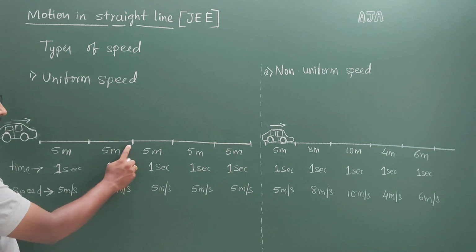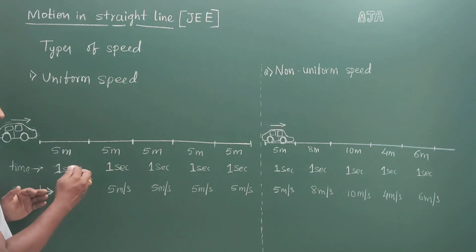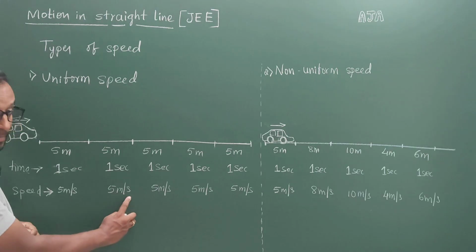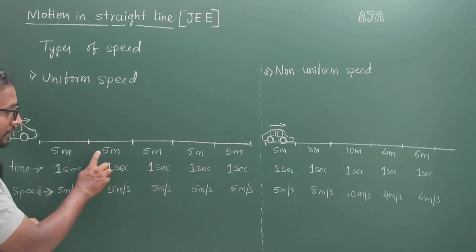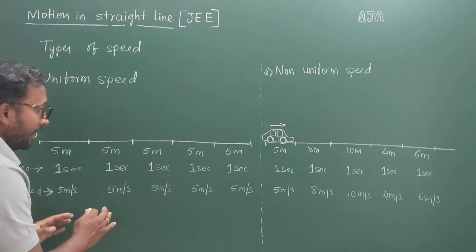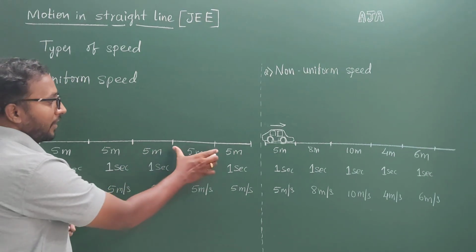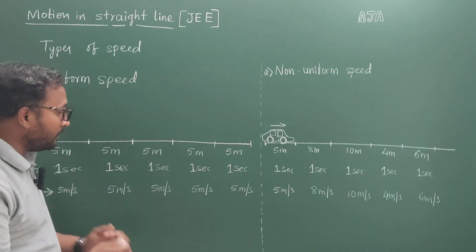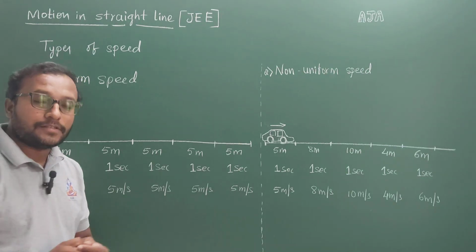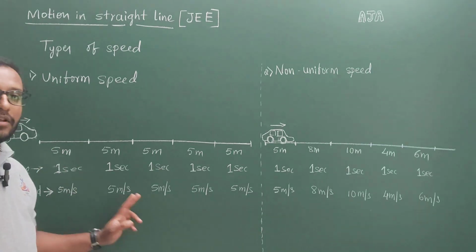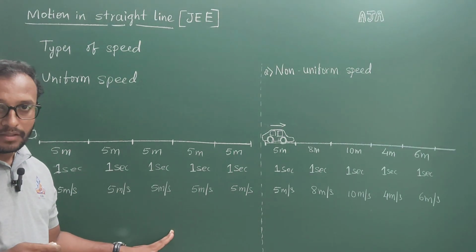Similarly, for the next 5 meters the speed of the car is 5 meters per second only, because it travels 5 meters in 1 second. In the same way, the next 5 meters along the same straight road are covered with the same speed of 5 meters per second always. This is called the car traveling with uniform speed.